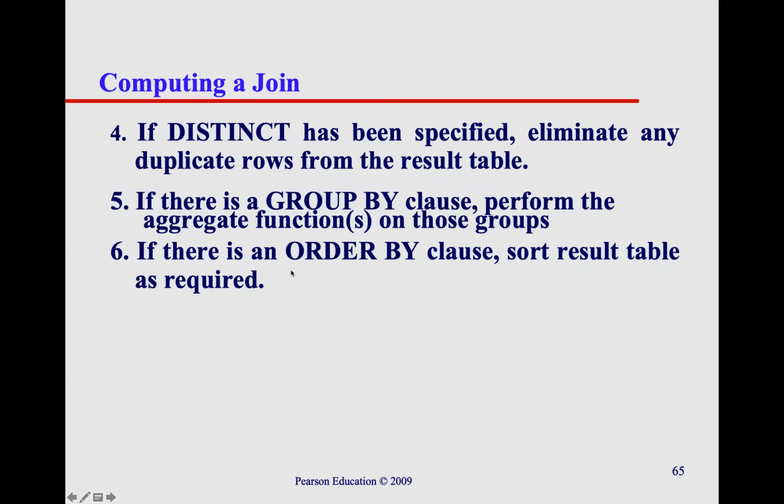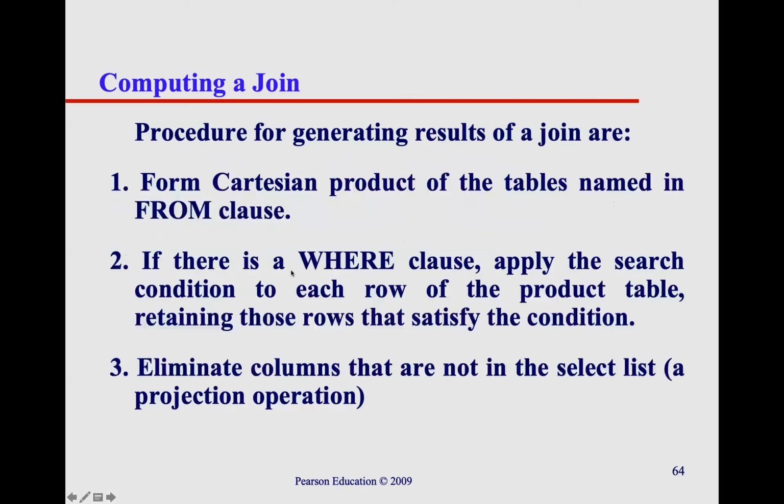This is the theoretical way it is done. This is not the way it's done in practice. This is moronic to do it this way in practice. In practice, you first probably perform the where clause to produce as few rows as possible for the Cartesian product. And before you do the Cartesian product, you probably do the projection in order to eliminate any unnecessary columns.